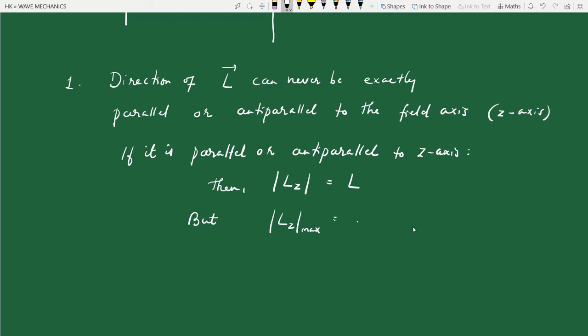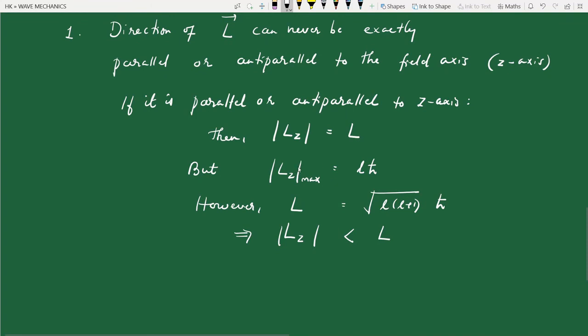We know Lz is equal to ml times h cross, and the maximum value of ml is small l. However, what is the value of L? It is root of l into l plus 1, times h cross. So this shows that the magnitude of Lz is always less than L.